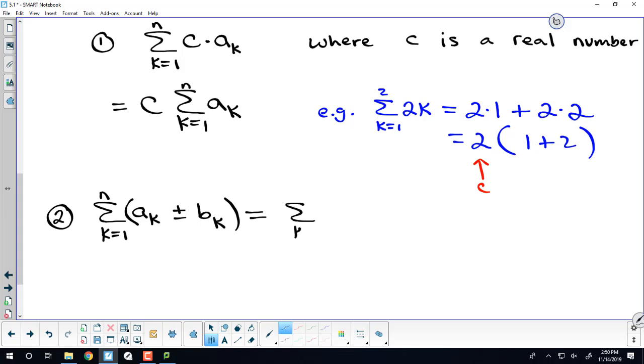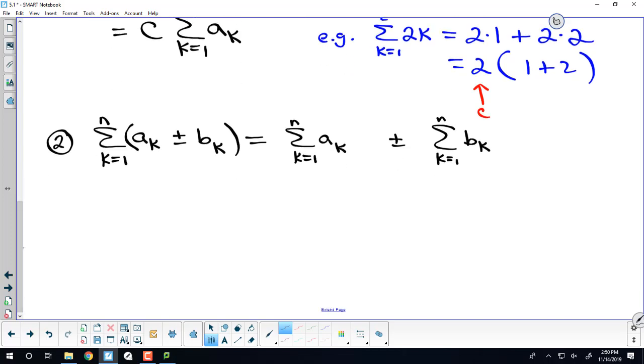So we could say that's the sum from 1 to n on a sub k plus or minus the sum on b sub k. We will utilize those ultimately.